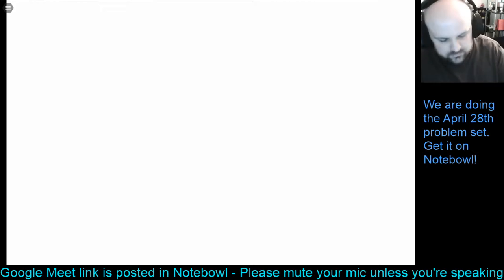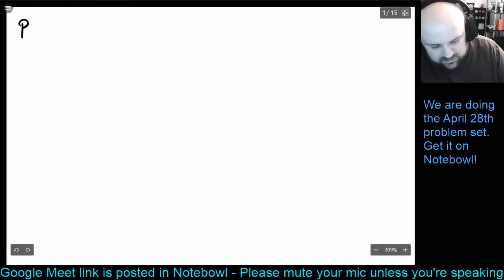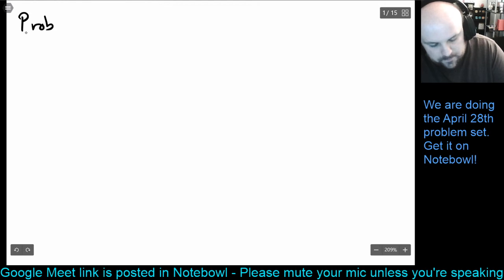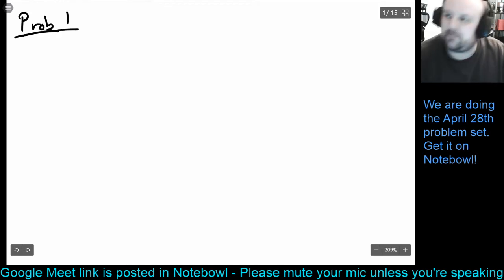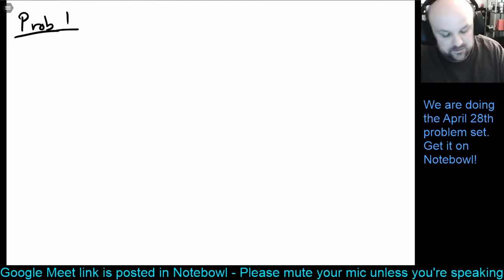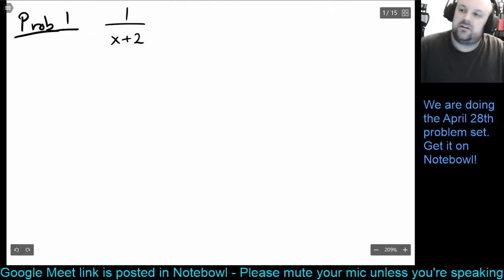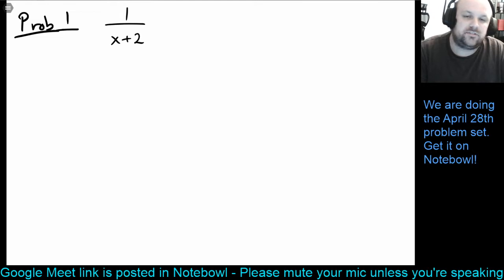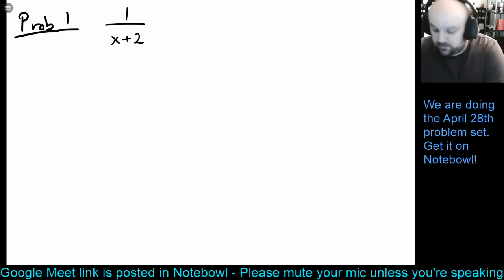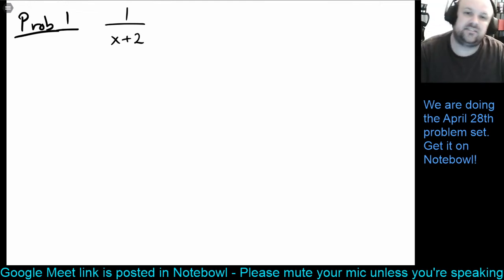So problem 1 is we want to find a power series representation for the function 1 over x plus 2. For this first one, we could of course go through the Maclaurin series process, but that's not going to be the quickest way about it.